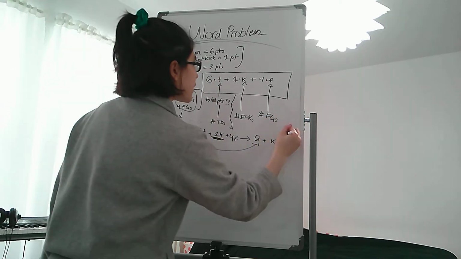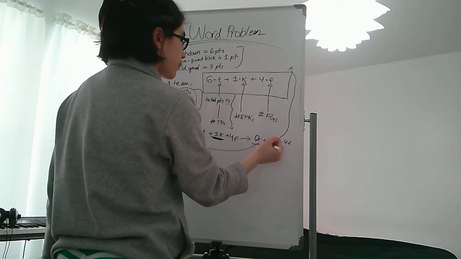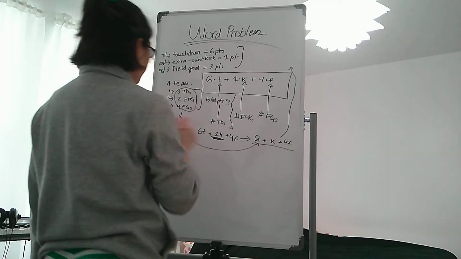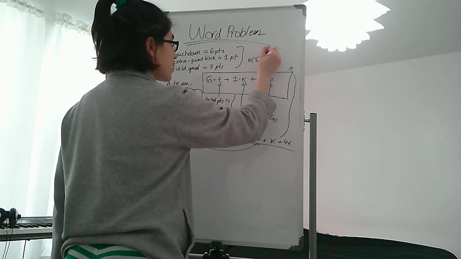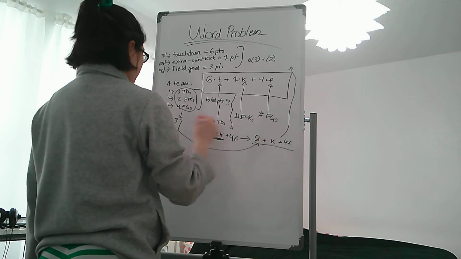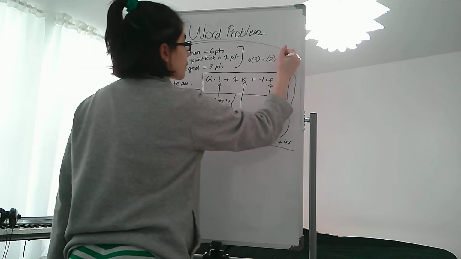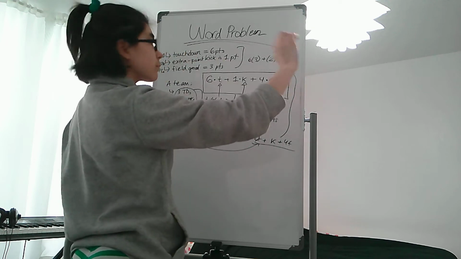Okay, I'm just going to put it up here a little. So 6t plus k plus 4f, that is our expression. 6t equals 3, so we've got 6 times 3 plus the k, which is 2, plus 4f, f equals 4, plus 4 times 4.